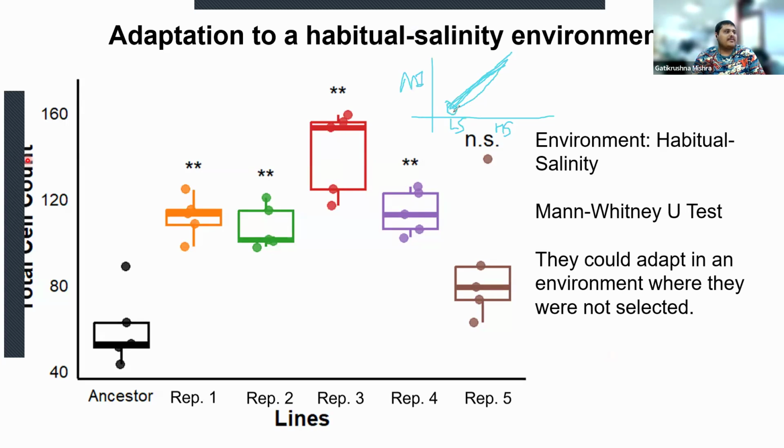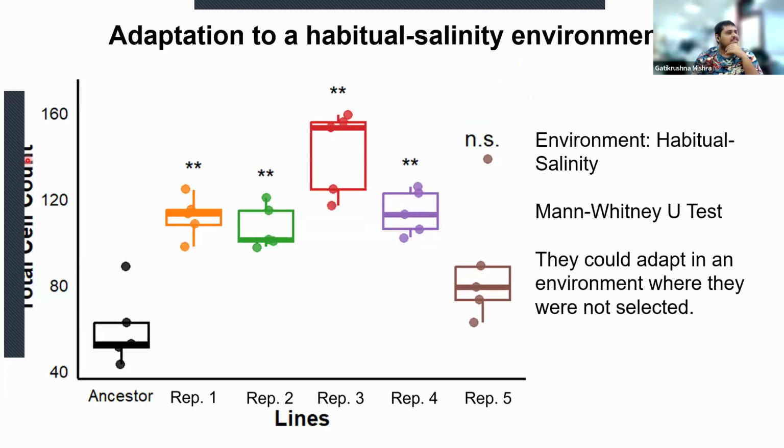The ancestor would have almost zero multicellularity in low saline environment, and in high saline environment it would have some positive multicellularity. But after 50 days of selection in this regime, the slope should look something like this, right? I'm dotting it. I don't know how. The slope should look something like this. So there should be a significant difference in the slope of the reaction norm of the ancestor and the evolved. Right, that was the goal.